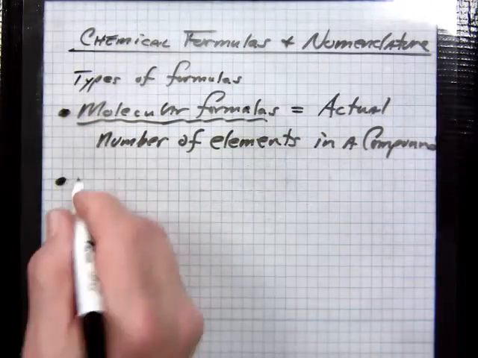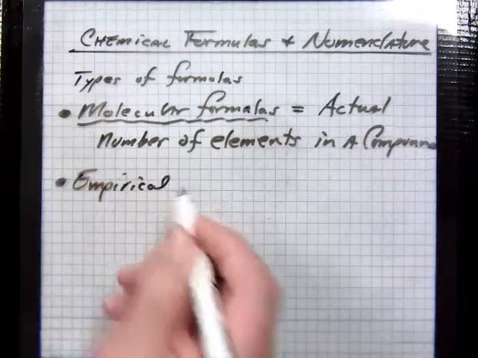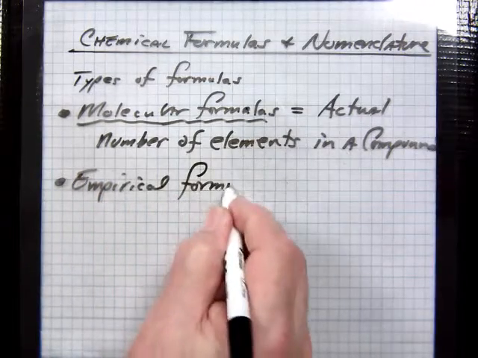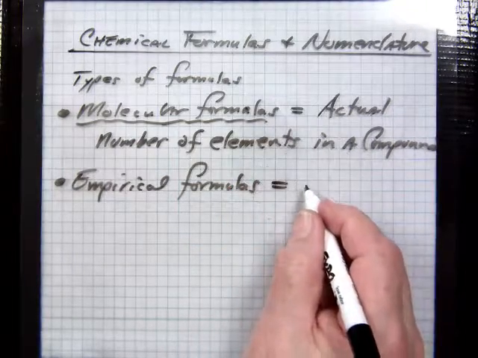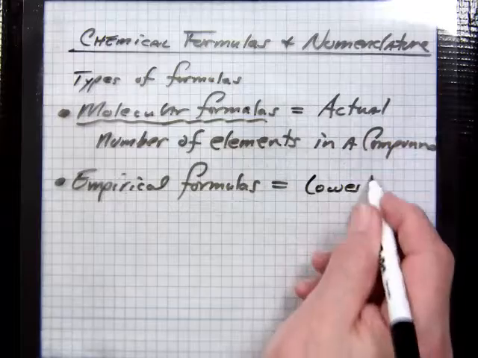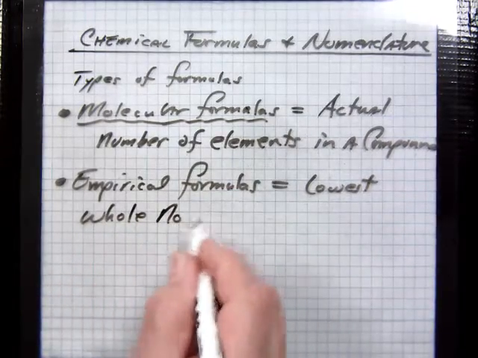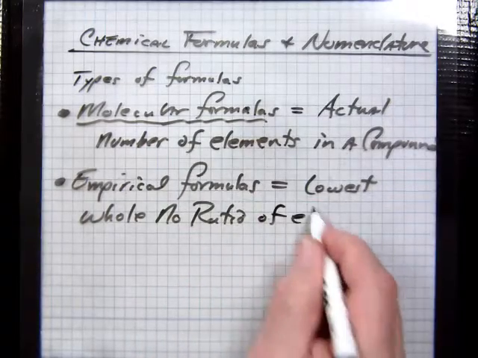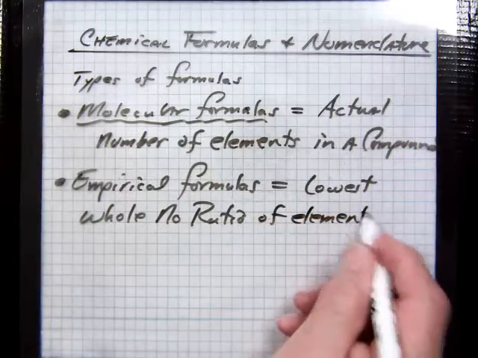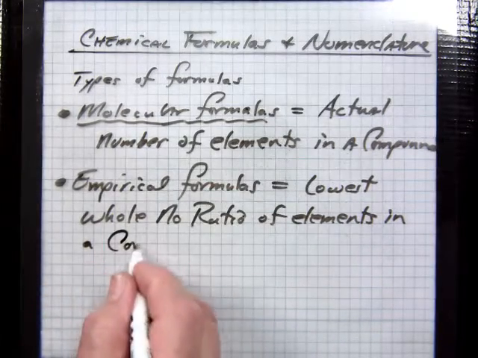Next, you have empirical formulas. This reflects the lowest whole number ratio of elements in a given compound.